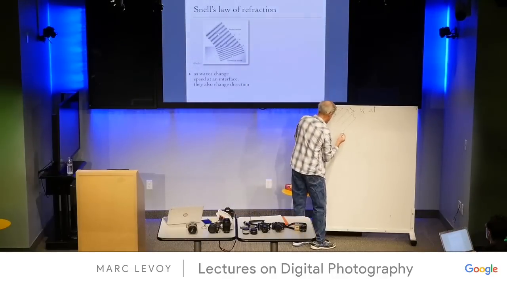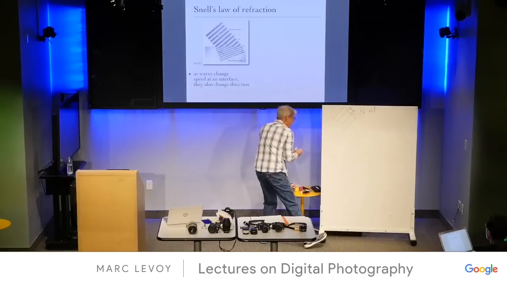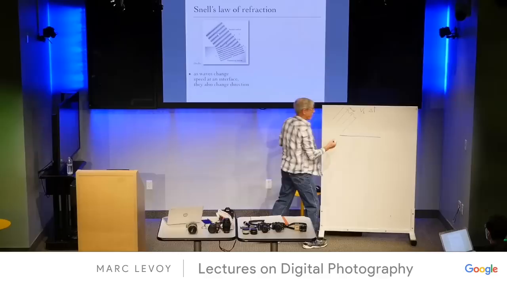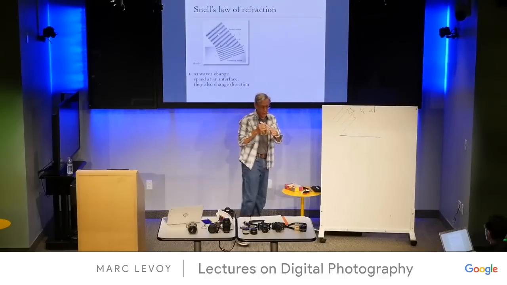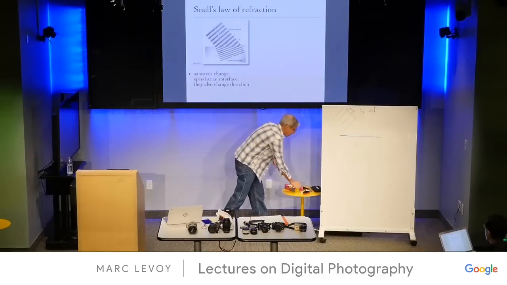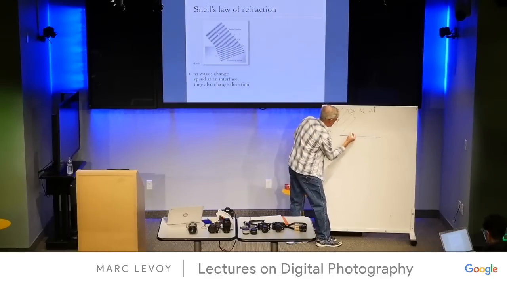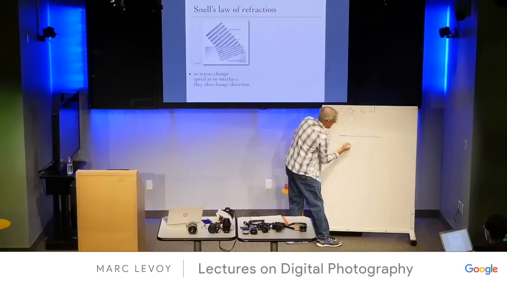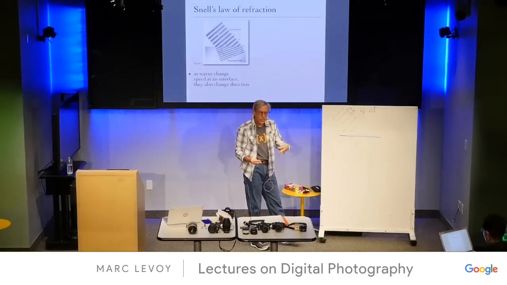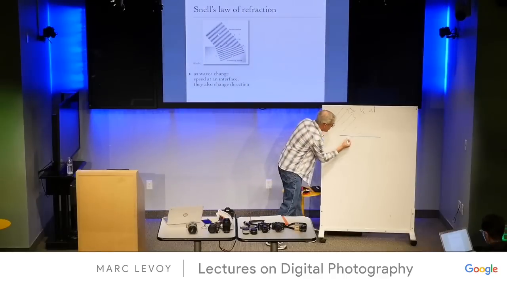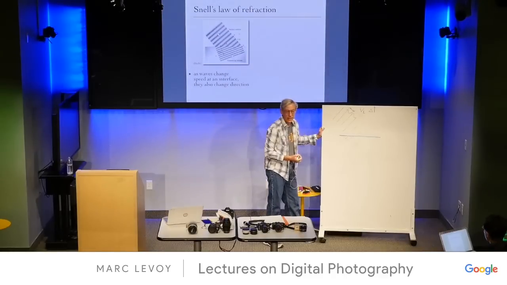Okay? So what happens when it reaches a change in density? So let's call this the boundary between two different density materials that have different speeds of light. So one thing you could say is, well, if it's denser and therefore slower, then these peaks must be closer together. So maybe they're like that.